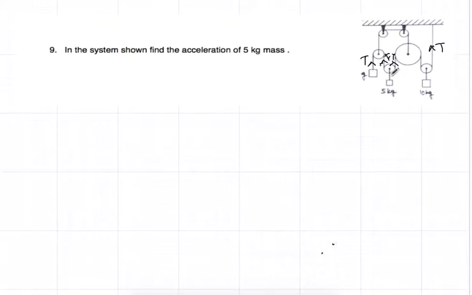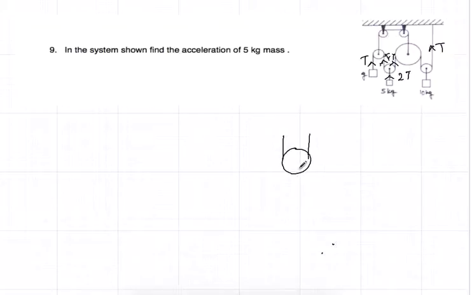If this is T, this is going to be 2T, isn't it? Because every time you find a pulley like this, if this is T and T, this must be 2T. You should not forget this.